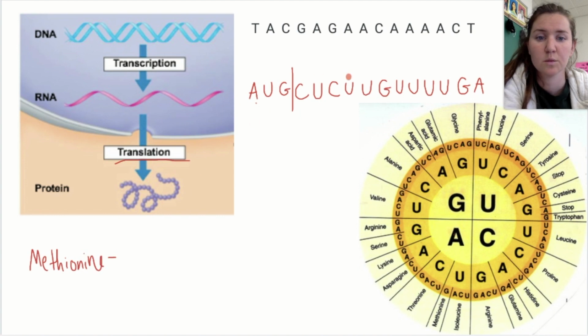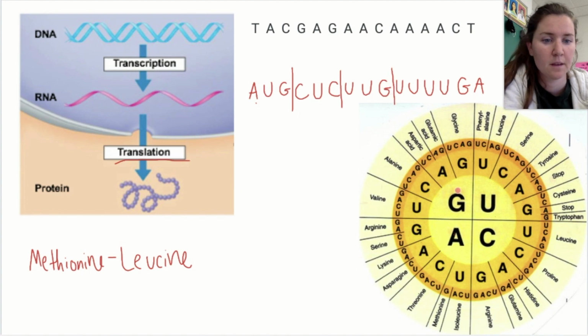Then next, we have C, U, C. So I find C, U, C, leucine. Then U, U, G. So I find U in the middle and I work my way out.